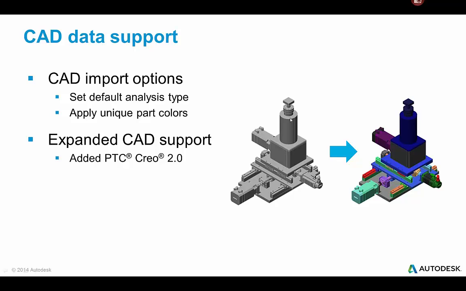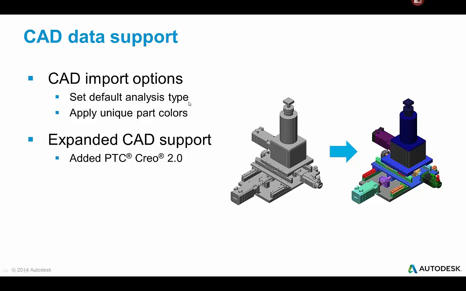That way, during the import, that question does not come up anymore, and you can just proceed with setting up the analysis. That really speeds up the import process, because the question about choosing the analysis type would come up in the middle of that import process, and especially for large models, it would really break up the workflow. So now you can just set your default analysis type, and you wouldn't have to deal with that question from that point on.